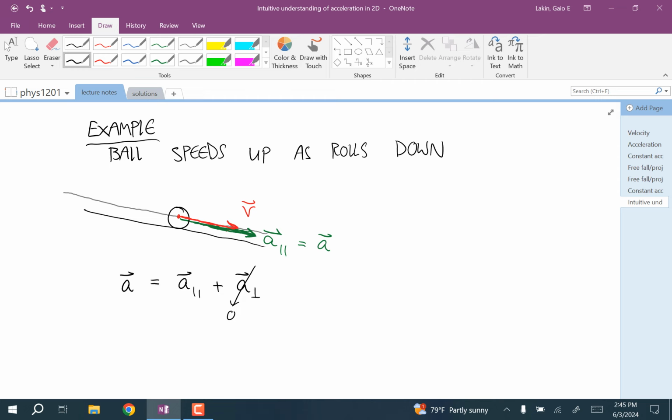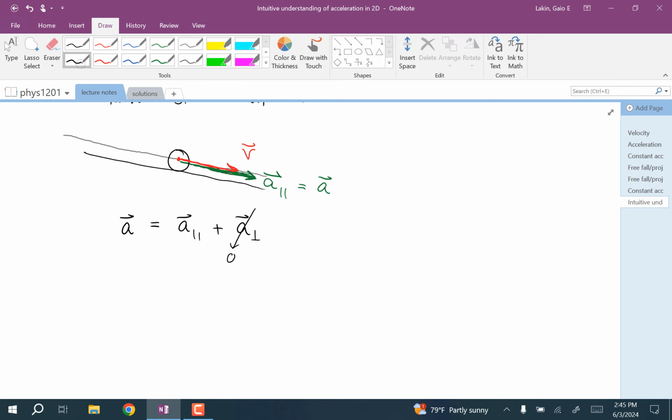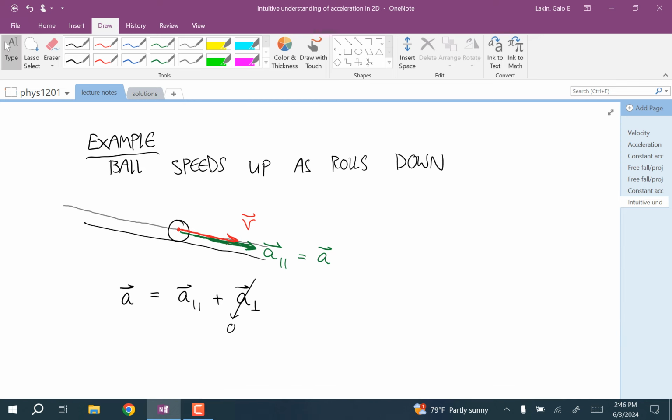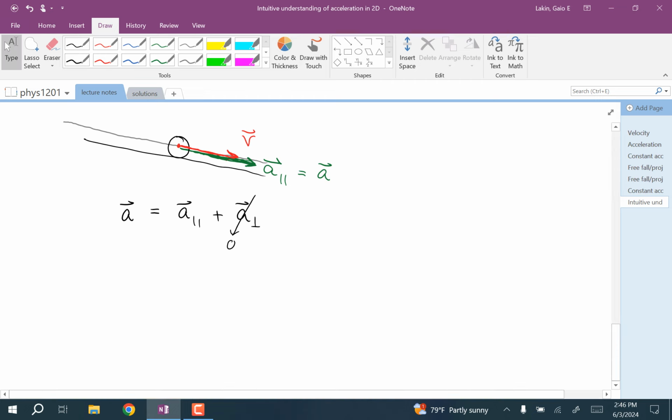Now let's think about an opposite case where it's not changing speed, but it is turning. Like imagine something moving around a circular path with a constant speed.